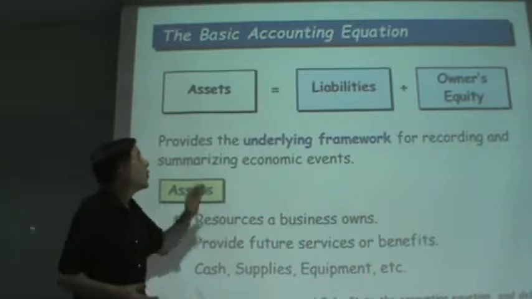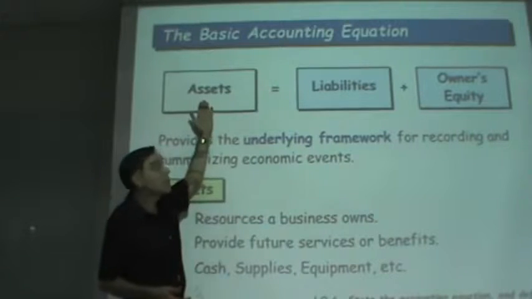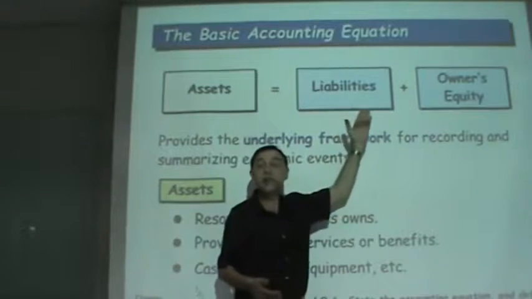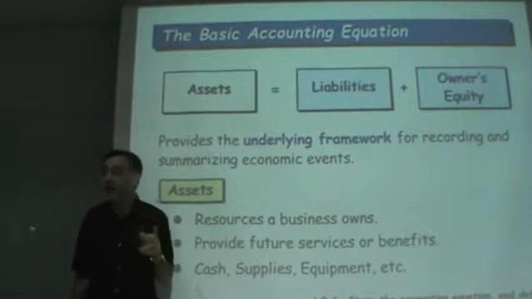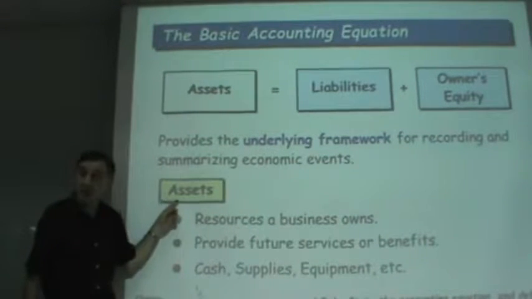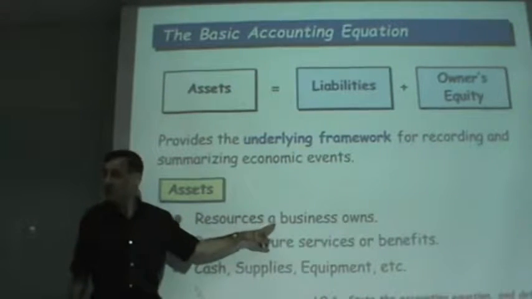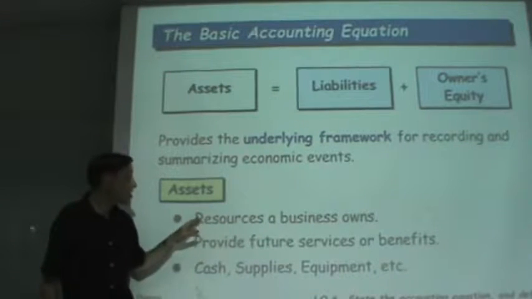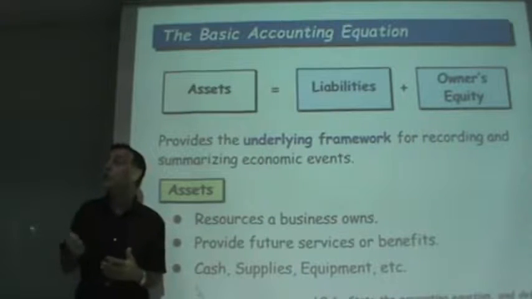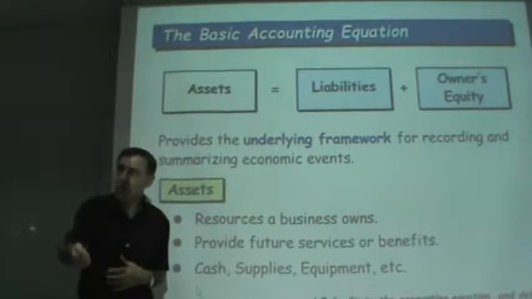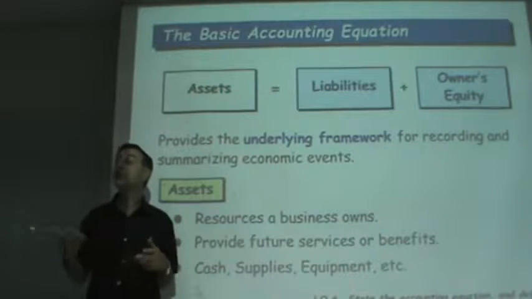So we begin the basic accounting equation with assets, which equal liabilities plus equity. And I will repeat and explain again what assets mean. Assets are resources which a business owns. And a resource is something of value which you can use to generate business or to generate revenue.